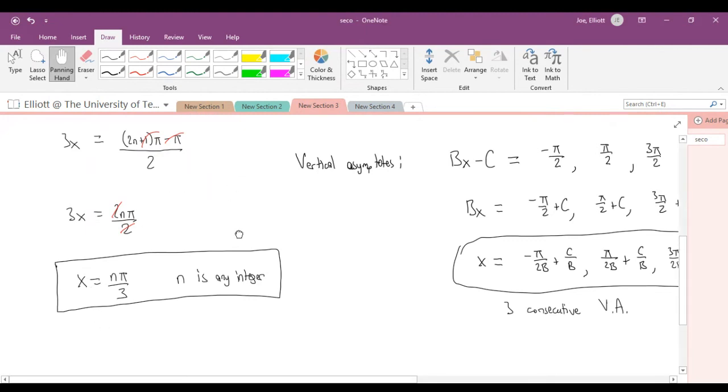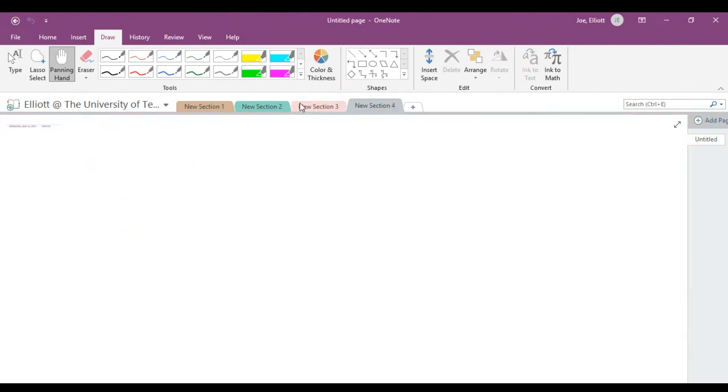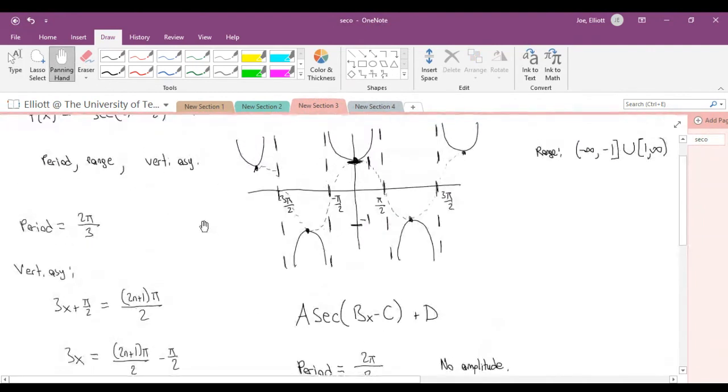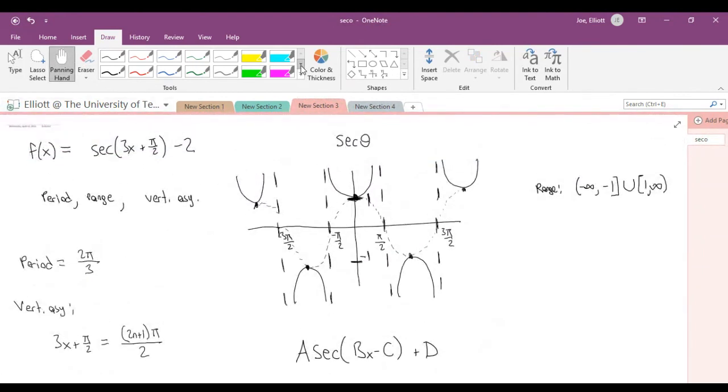All right, so that was the vertical asymptotes. Let me see, what else did we have to do? We got the vertical asymptotes, we got the period. Let's talk about getting the range of this function next, okay?